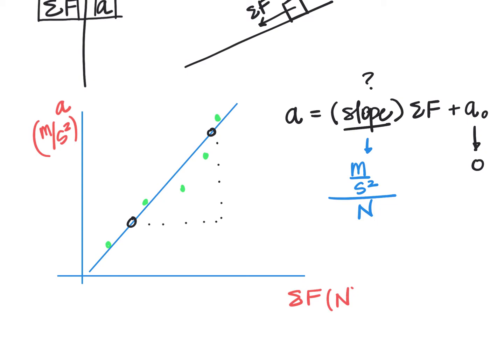And your slope value, I'm guessing, is approximately, if you graphed your acceleration on the vertical axis, about 3. And this would be in meters per second squared per newton.